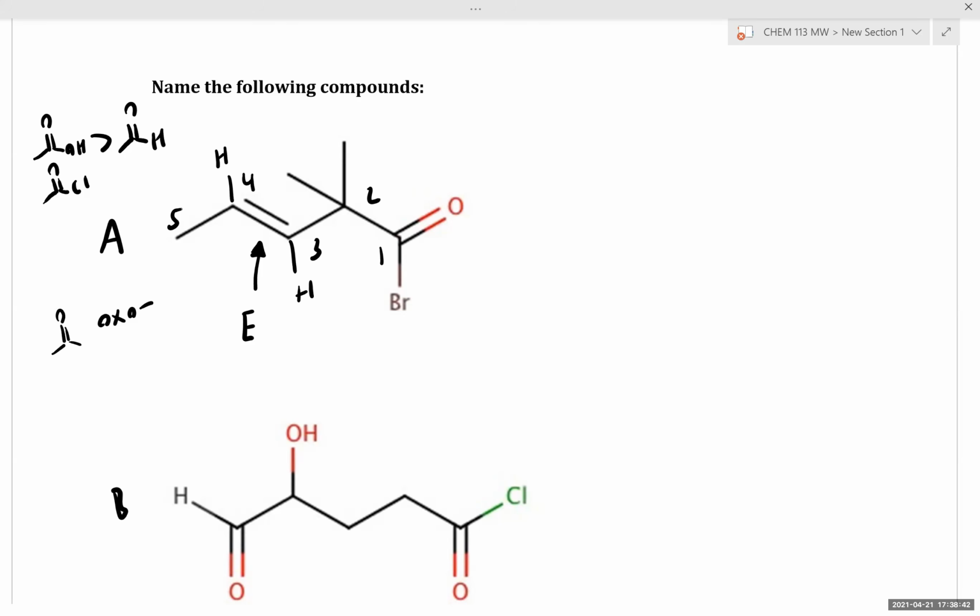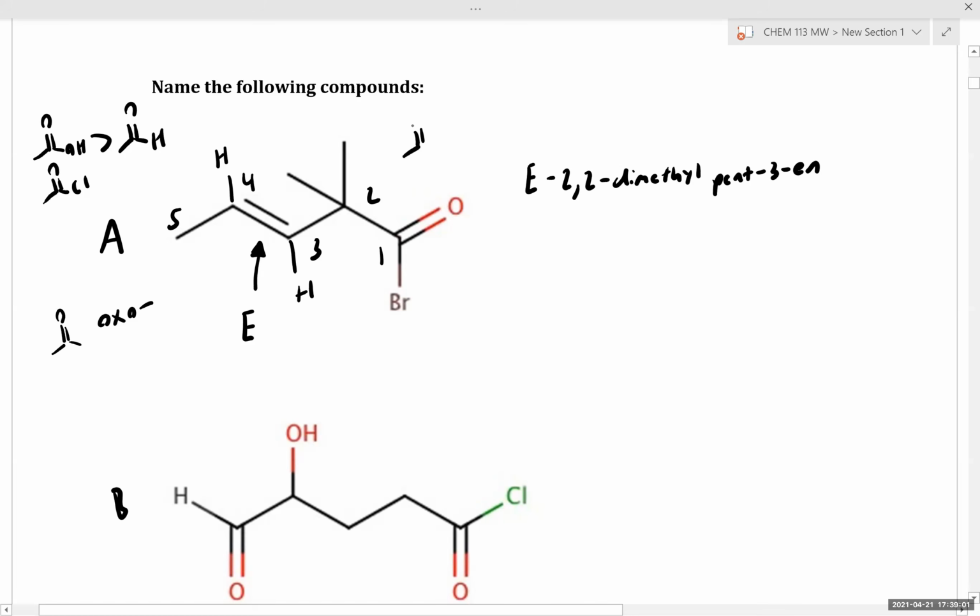So we have a student proposing a name of E-2,2-dimethylpent-3-ene. So rather than acetyl bromide, if we had the carboxylic acid, then the ending would be pent-3-enoic acid.